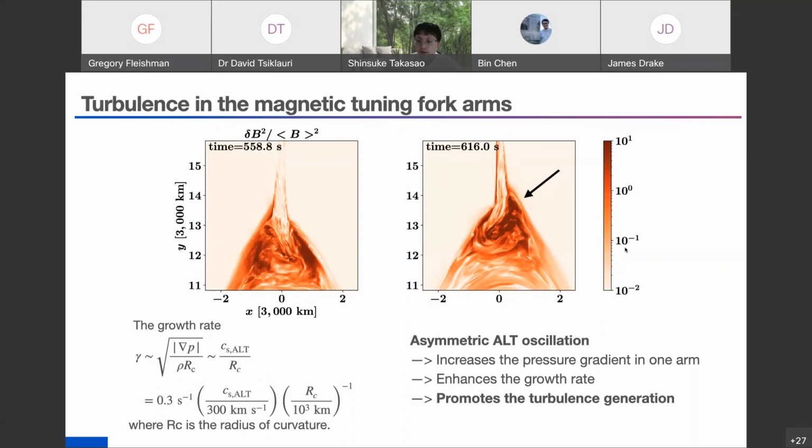And if I may, there was this question raised by Judy already about anomalous resistivity.